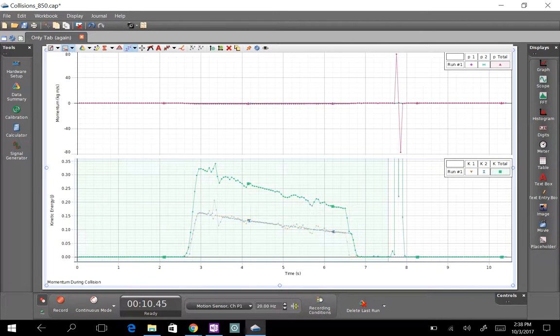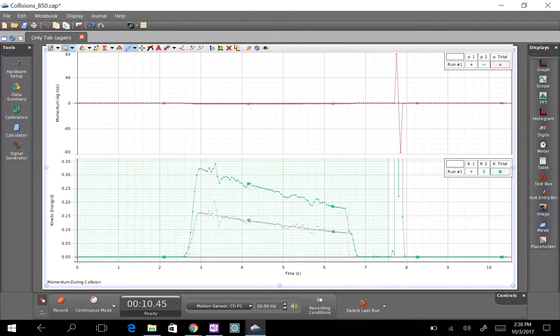Okay, so the kinetic energy, you can see here's where I pushed it. What's this little thing here? The truth is I don't know. I do not know what that is, but it randomly occurs sometimes. You see, it's only one of the sensors that picked that up. The other one didn't. It's a flaw in the equipment. You can't control a flaw in the equipment.